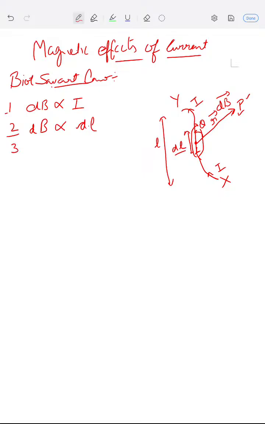The third point is the angle theta: dB is directly proportional to sine theta. And the fourth point is that the magnetic field is inversely proportional to 1 by r square.